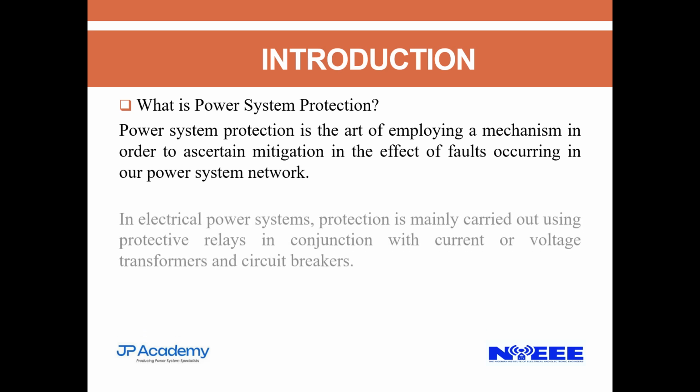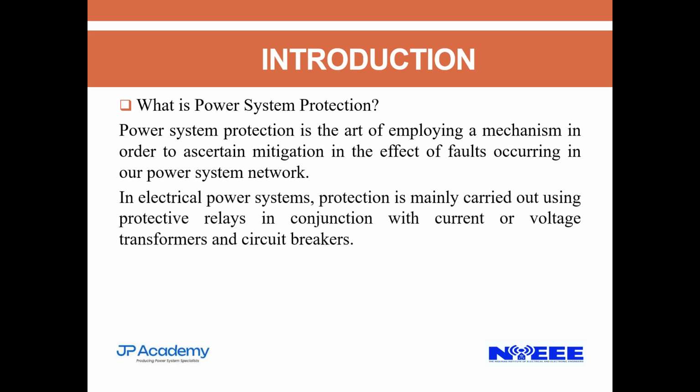Now, basically, in electrical power systems, protection is mainly carried out using protective relays in conjunction with our CTs, that's the current transformers or voltage transformers, and then with our circuit breakers, for the basic form of protection. A current or voltage transformer changes the transformation ratio of either current or voltage.